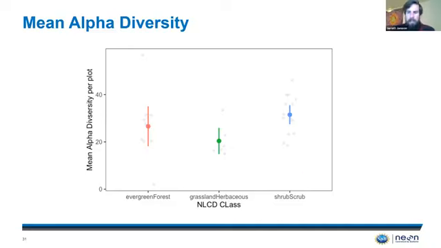Additionally, we see that the number of unique species per plot varies greatly in the shrub scrub habitat compared to other habitats. The gray dots, which each represent a different plot, vary greatly in the shrub scrub habitat, but don't vary much in the other habitat types, aside from a few outliers.